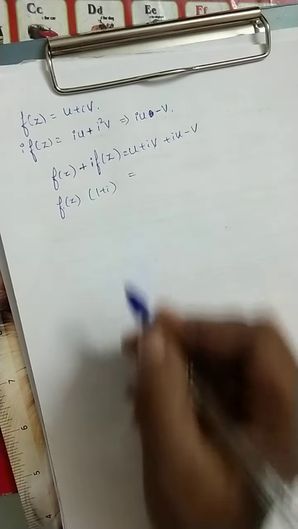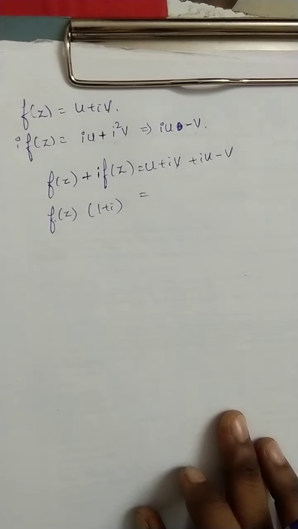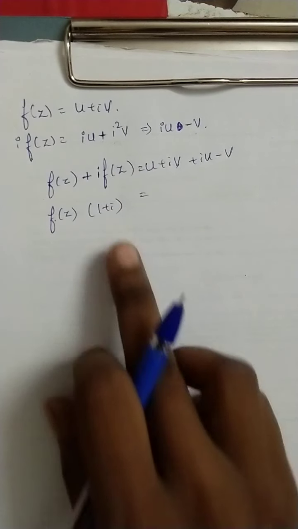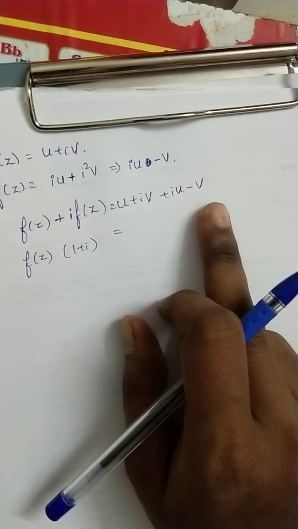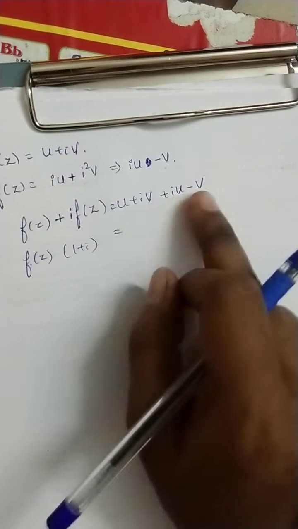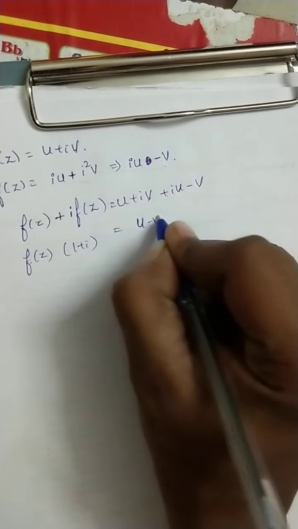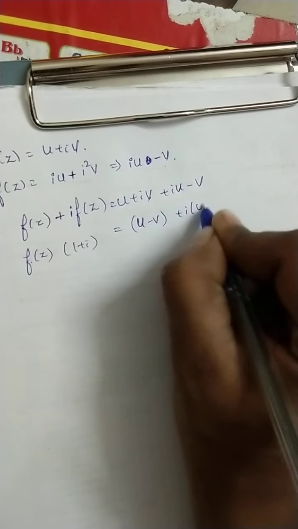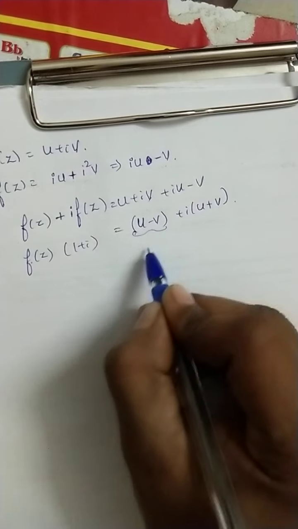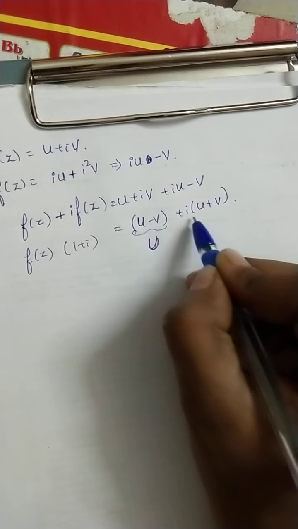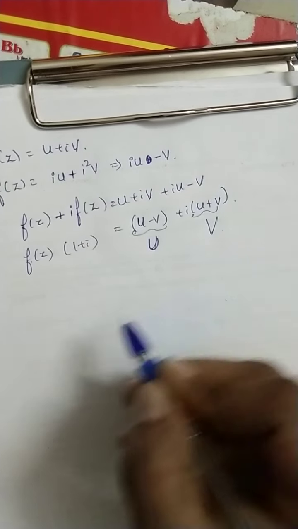The same way here. Okay, now you can take the u common here, taking the real part and imaginary part. Now this is our real part and this is our imaginary part.